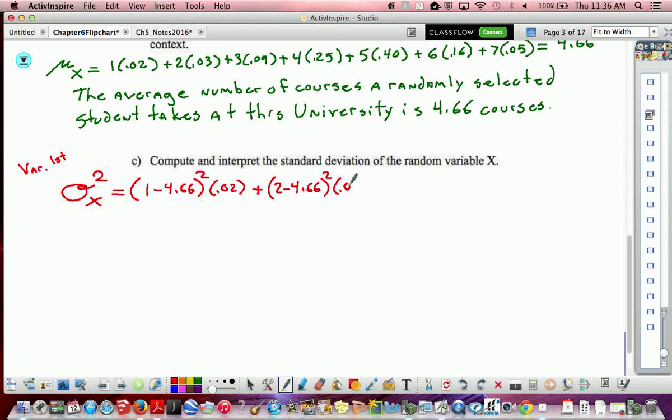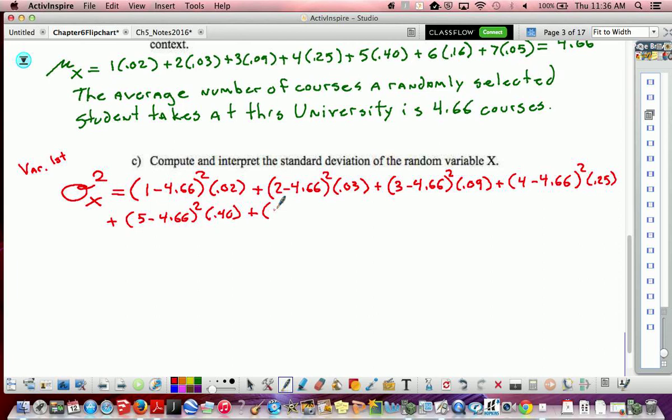Times 0.03 plus 3 minus 4.66 squared times 0.09 plus 4 minus 4.66 squared times 0.25 plus 5 minus 4.66 squared times 0.40 plus 6 minus 4.66 squared times 0.16 plus 7 minus 4.66 squared times 0.05.